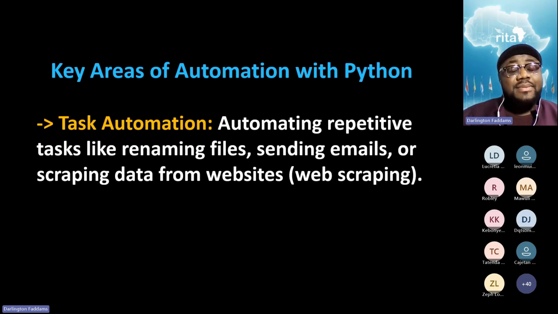So you see, web scraping itself is automation. Instead of gathering the data manually, you can write a script, and the script can visit a website and gather data for you. So our web scraping lesson is also under automation. Web scraping is an example of automation.